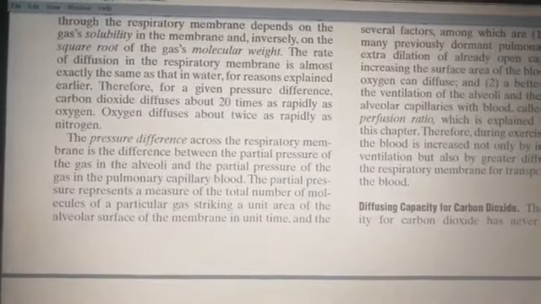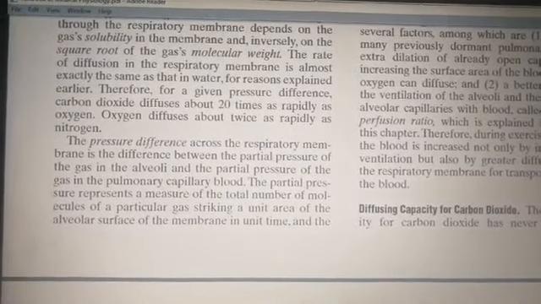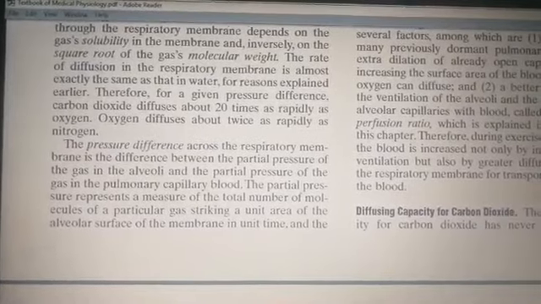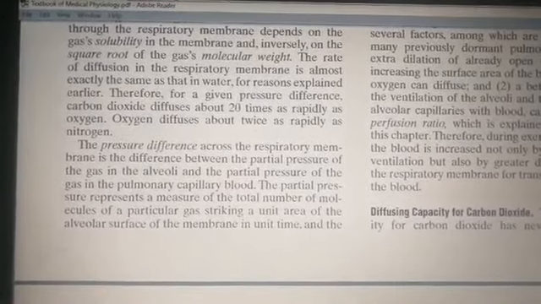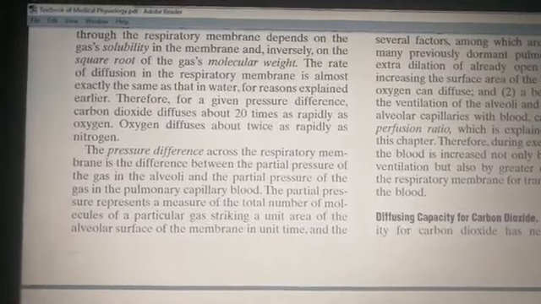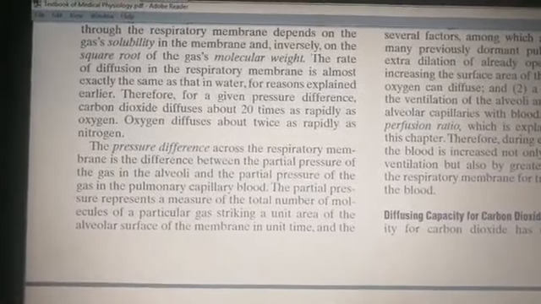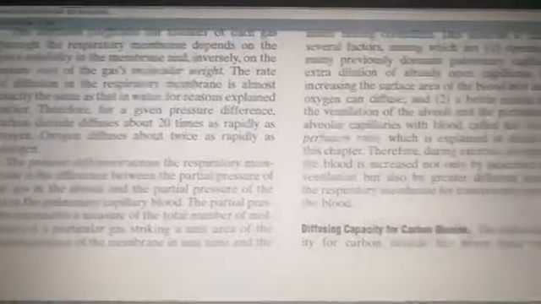And the pressure difference across the respiratory membrane. When there is more pressure on the alveolar side, in the case of oxygen, when there is more pressure of oxygen in the alveolar side, it moves from alveoli to blood, and likewise the opposite is the case with carbon dioxide.